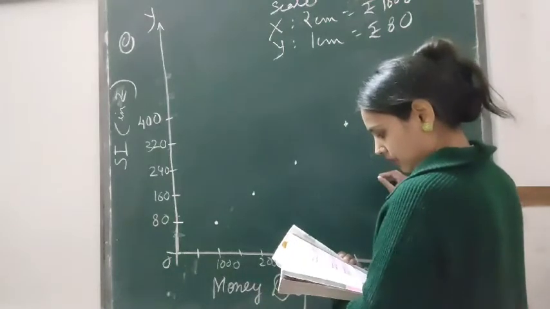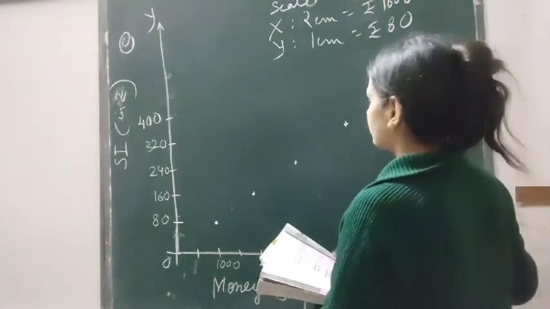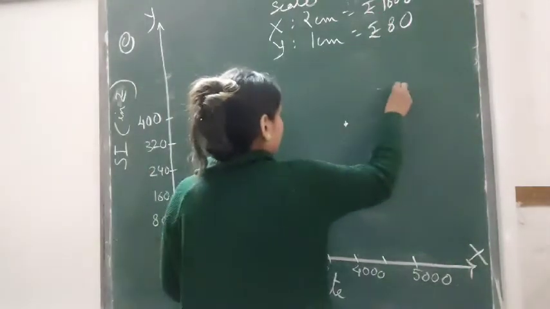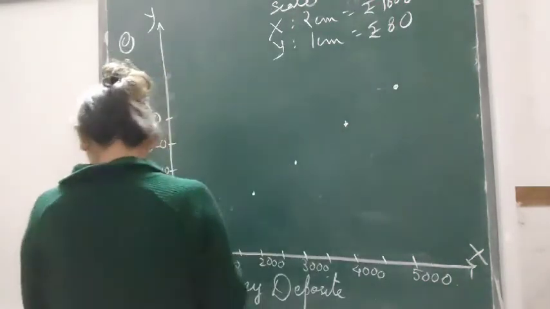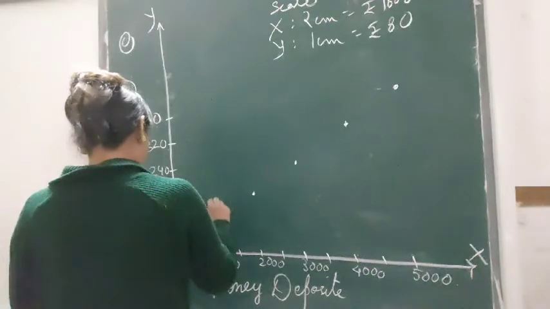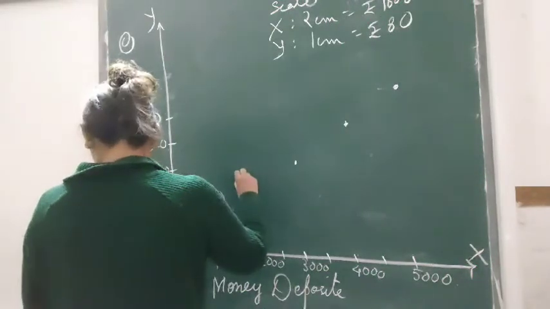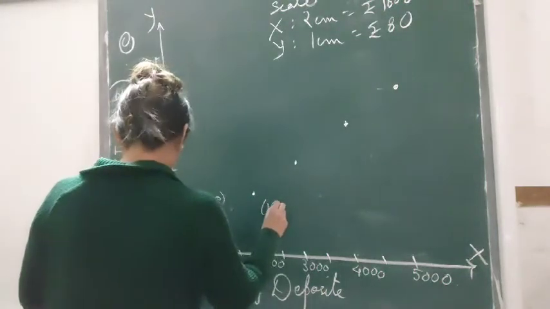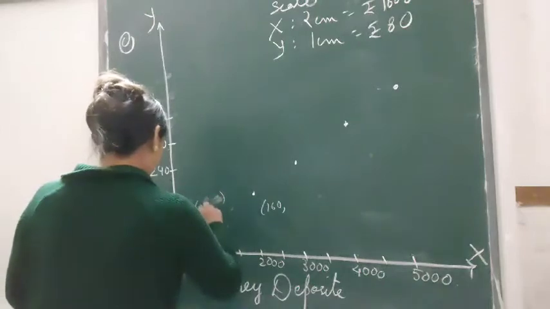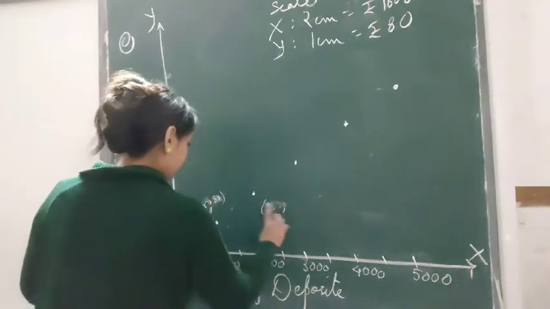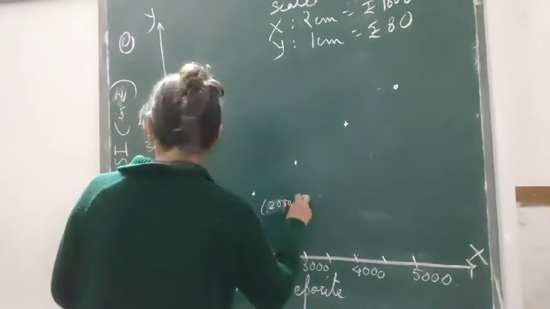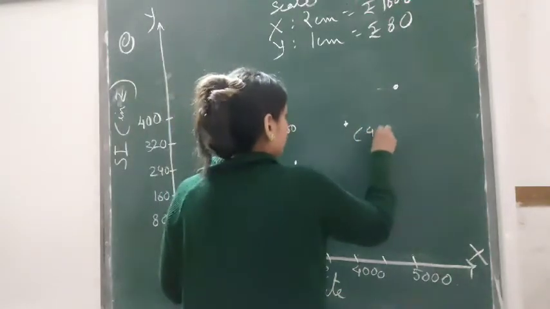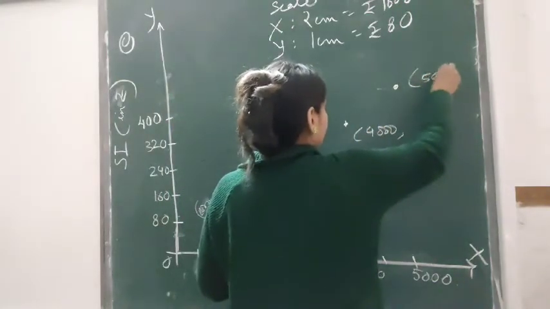Then 5000 is 400. Yes, it is correct. So let's mark it. 1000, 80. 2000, 160. Here will come 3000. Here will come 4000. Here will come 5000.